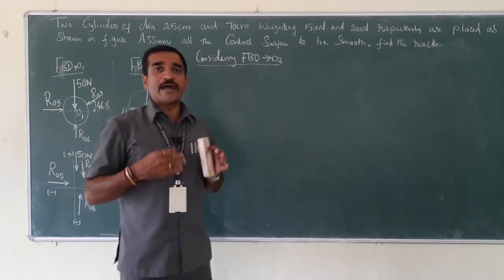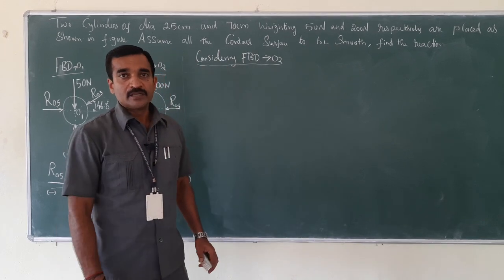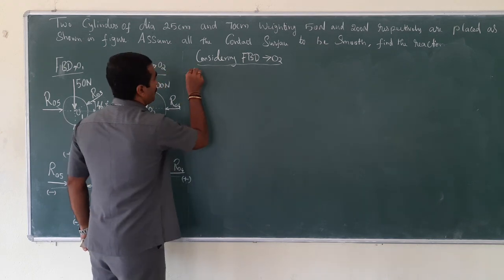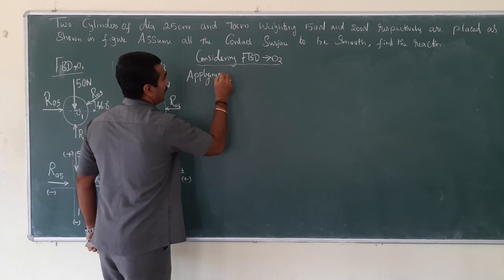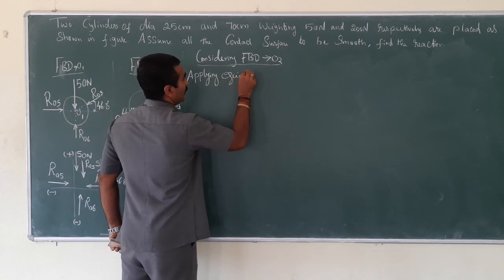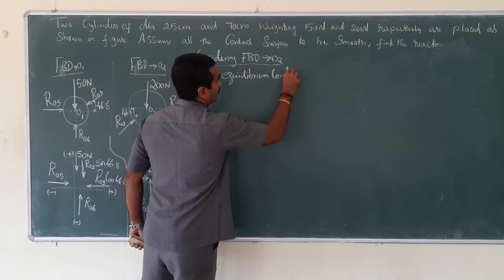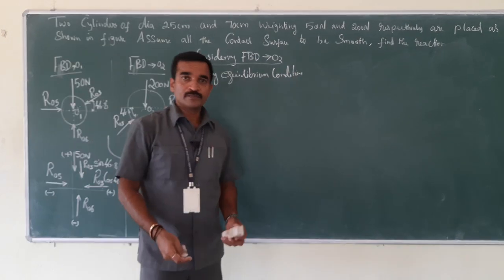So when there are unknown forces, what condition needs to be applied? The equilibrium condition needs to be applied here. That means applying equilibrium conditions. What do you mean by equilibrium, by the way?